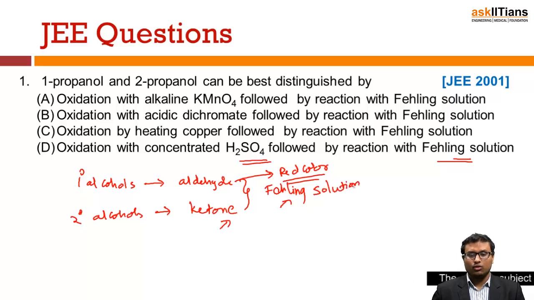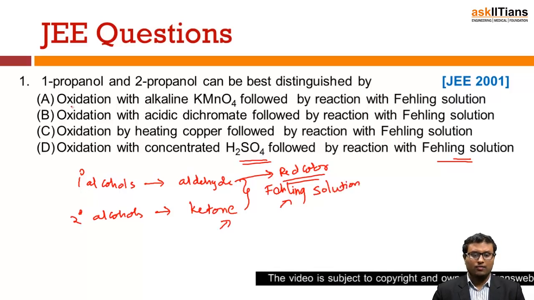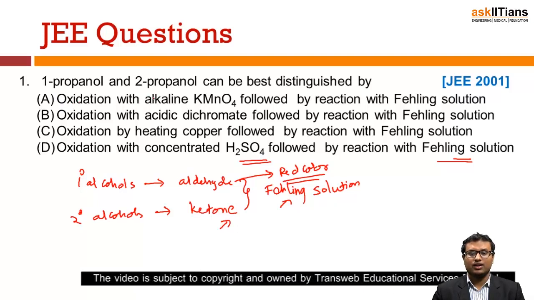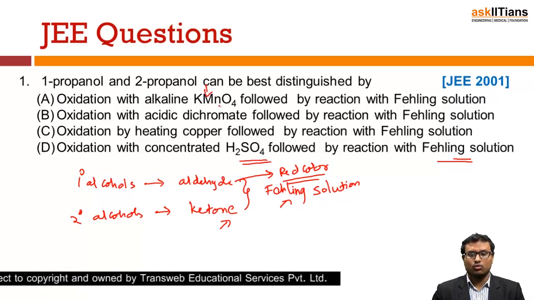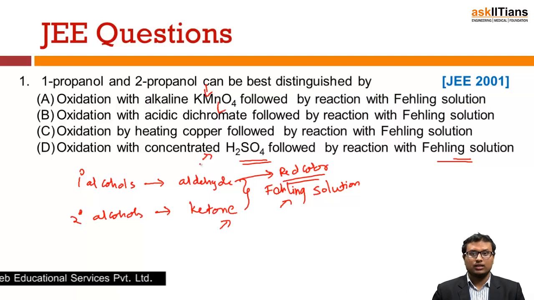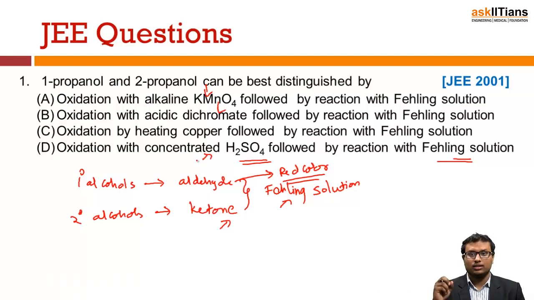In the question you have oxidation with different reagents like KMnO4, dichromate, H2SO4. But you know one important thing: oxidation with KMnO4, dichromate or concentrated H2SO4, the final product will be an acid.